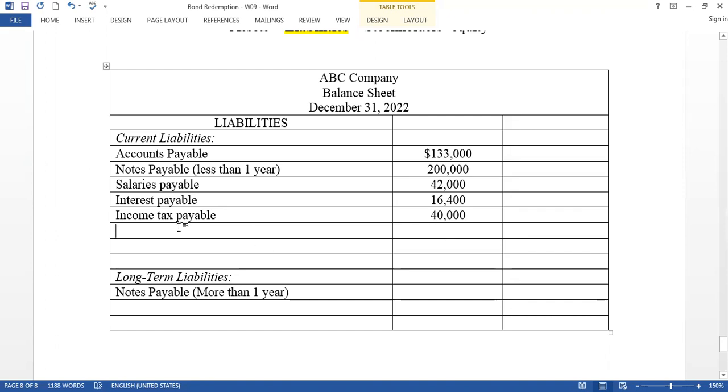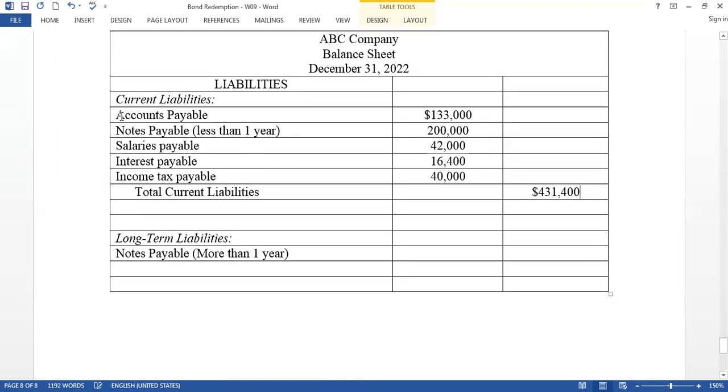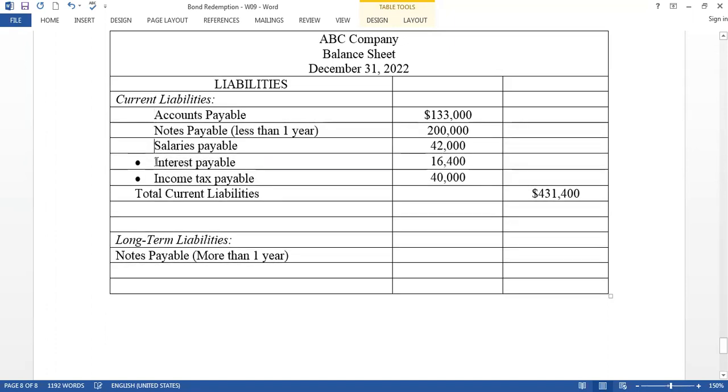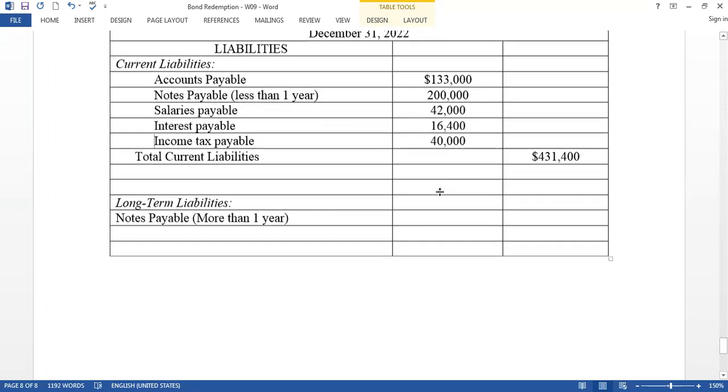So total current liabilities is 431,400. So this is the example of current liabilities. Okay, accounts payable, notes payable, salaries payable, interest payable, income tax payable, and total current liabilities.